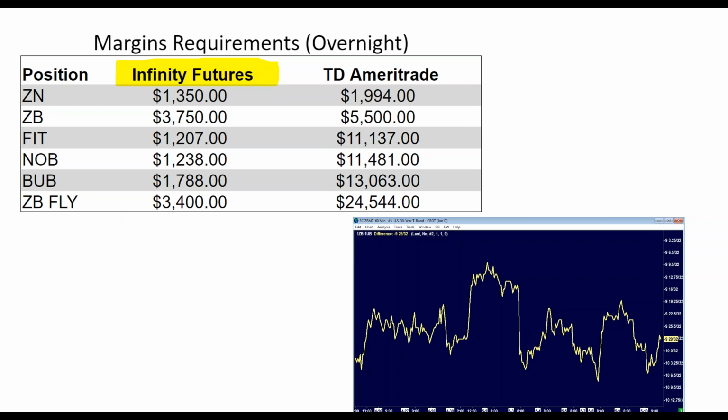I'm not a broker. I just want to show you the key: Thinkorswim is going to handle one contract at a time, right? So if you're long one ZB and short one UB, they're going to treat them 5,000 and 5,000 as 10,000. What Infinity is going to do, and I don't know the exact math behind it, is they're going to do whatever the exchange relationship is, and that's how they're going to do their margin.